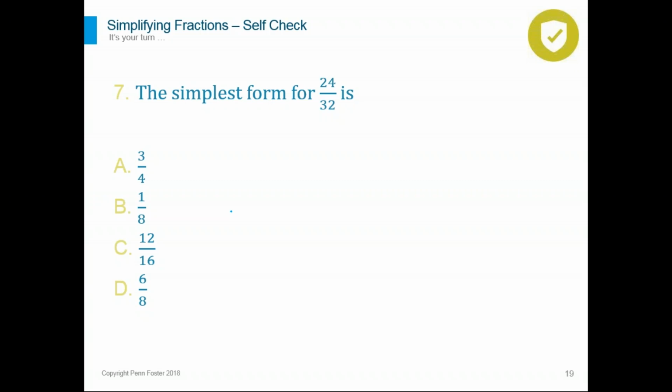Write down the problem and see which fraction from the 4 given here is the simplest form of the given fraction.